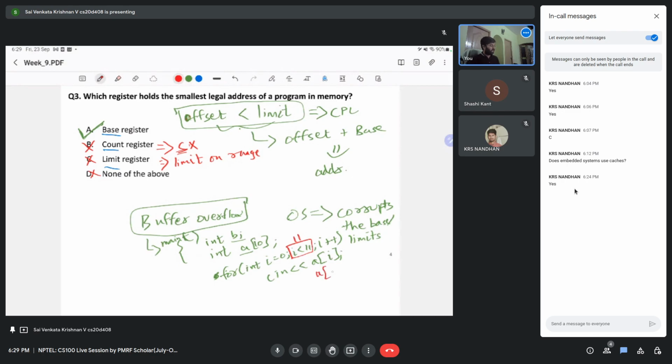So a[10] will also be accessed, but it would actually be pointing to the location of b. So whatever value b has, you will be overwriting. This is a buffer overflow.